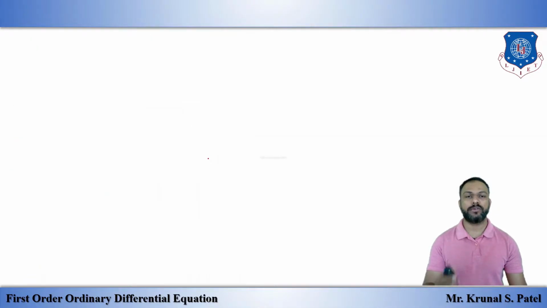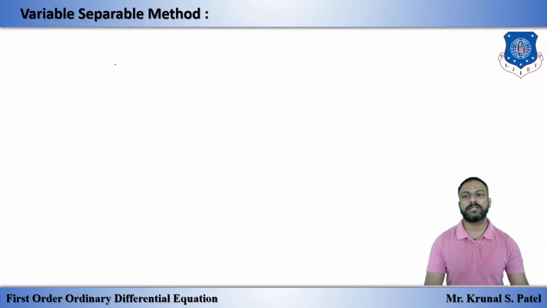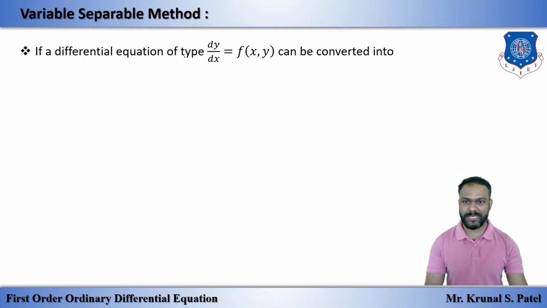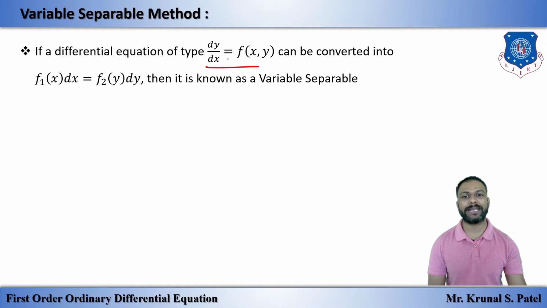Okay, so first we'll start with the first method, variable separable. What is variable separable and how can we solve this type of differential equation? If a differential equation of the type dy/dx = f(x,y) can be converted into this form, that means if we can separate the variables, a function of x and a function of y, then we take the function of x with dx and the function of y with dy.